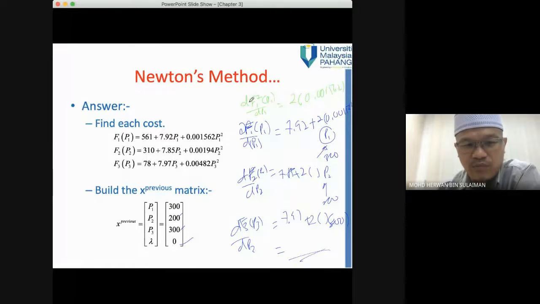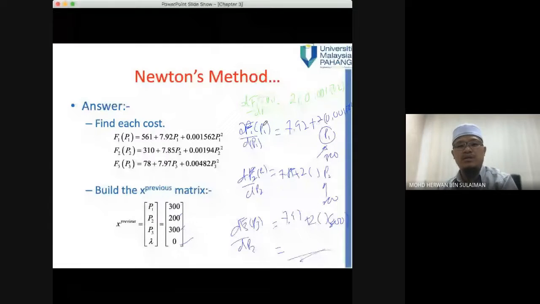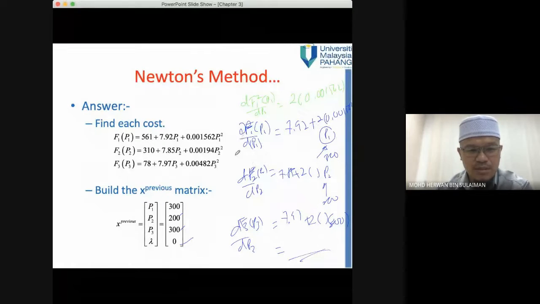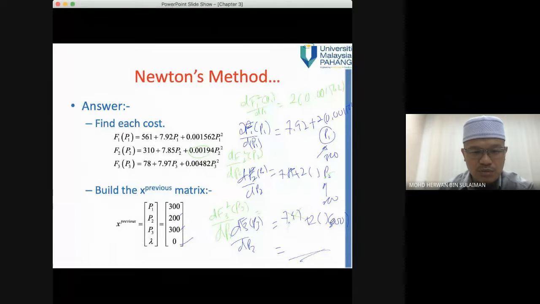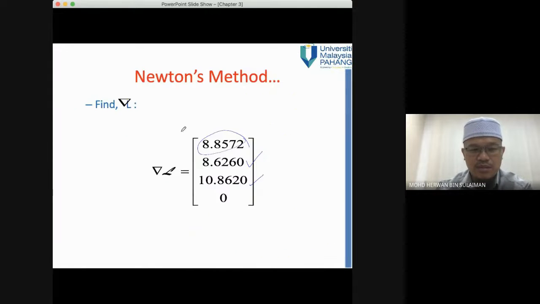So ni dF1 P1 with respect to dP1. Yang ni d²F2 P2 with respect to dP2 sama, yang ni kosong, tinggal darab yang ni kan. So P2 akan cancel, yang tinggal 2 darab this value. Sama juga untuk d²F3 P3 with respect to dP3. So this one kosong, yang tinggal hanya, because P3 akan cancel, tinggal 2 darab something, darab ni. So you dapat Hessian matrix yang itu.